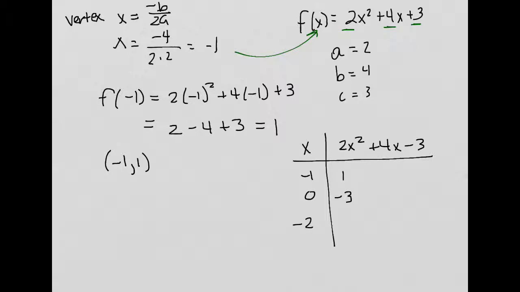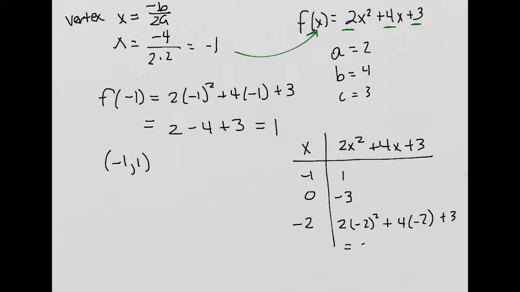And at negative 2, I'm actually going to have to calculate this one: 2 times negative 2 squared plus 4 times negative 2, plus 3.